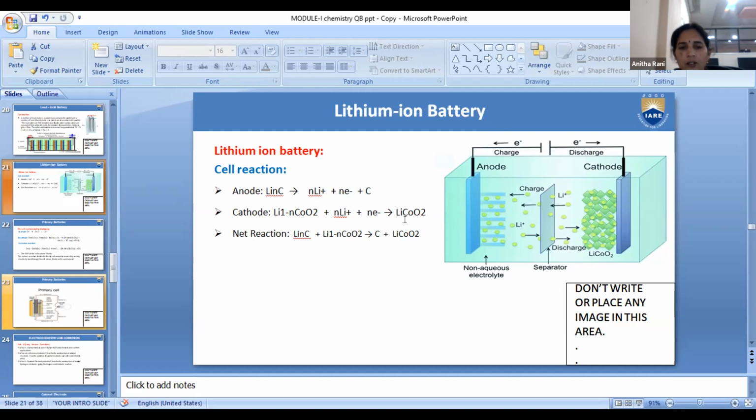Now students, is this a discharging or charging reaction? LiCn plus Li1-nCoO2 gives carbon graphite plus LiCoO2.